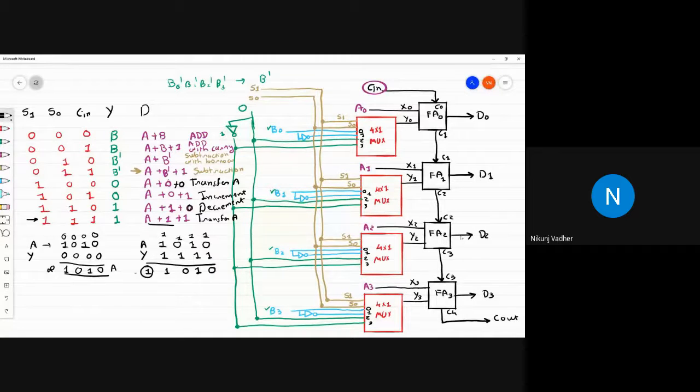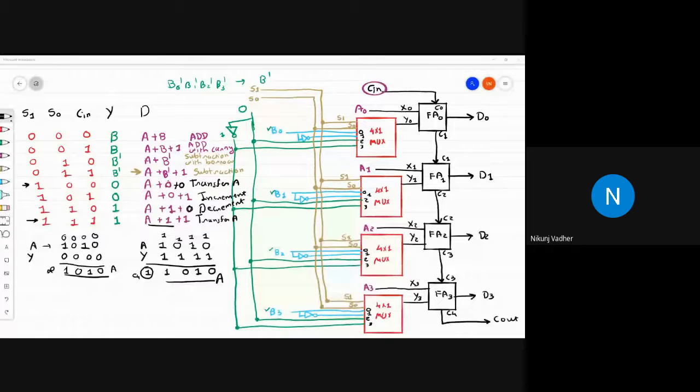So this is C4, carry 4. What we gave as input A was 1, 0, 1, 0. What are we getting as output? This is the reason that in both of these cases, we will get the transfer A operation.